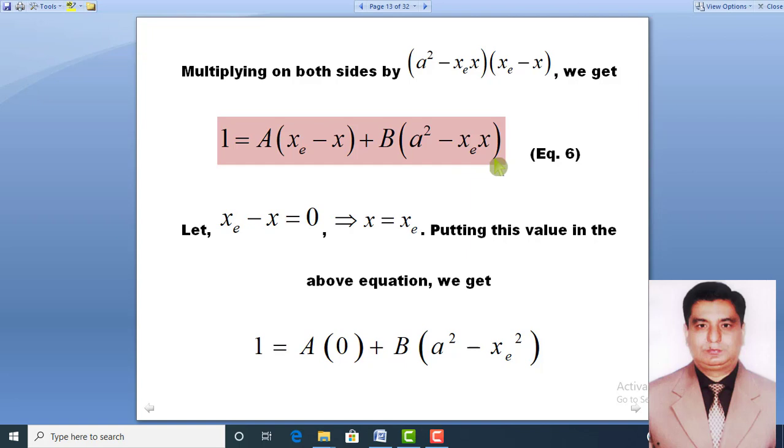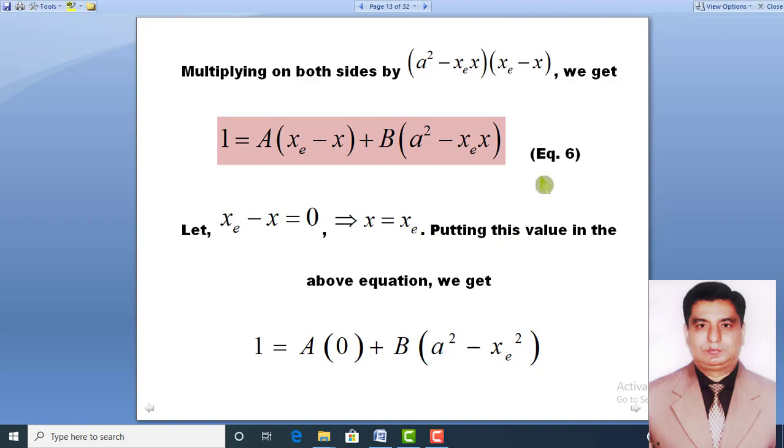Dear students, now, just like our previous lecture, we will find out the values of A and B. After finding the values of A and B, we will put them back into this equation and solve. After solving this equation, we will be able to find the values of Kf and Kb. So, if we set the term inside this bracket, Xe minus X, equal to 0, it means X is equal to Xe.